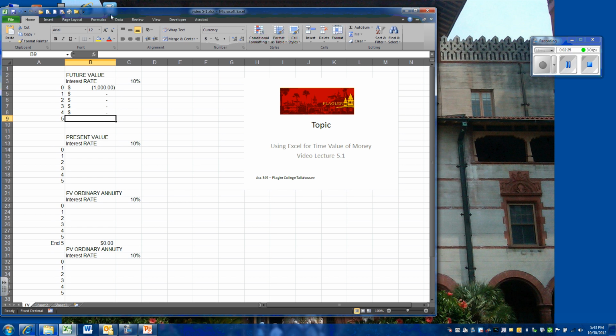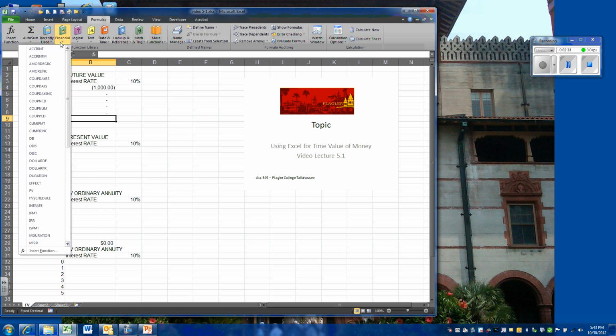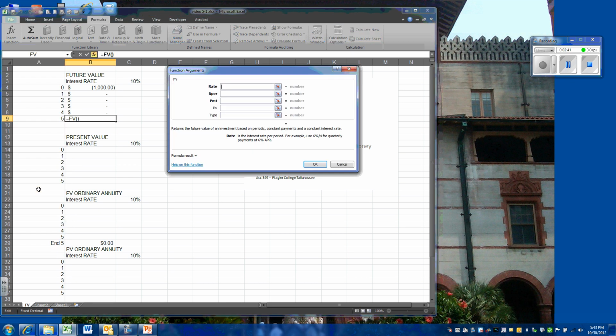So to calculate this, we're going to go to our Excel toolbar and select formulas. We'll then choose financial. And we're looking for the future value, the FV function, and this returns us the future value of an investment.